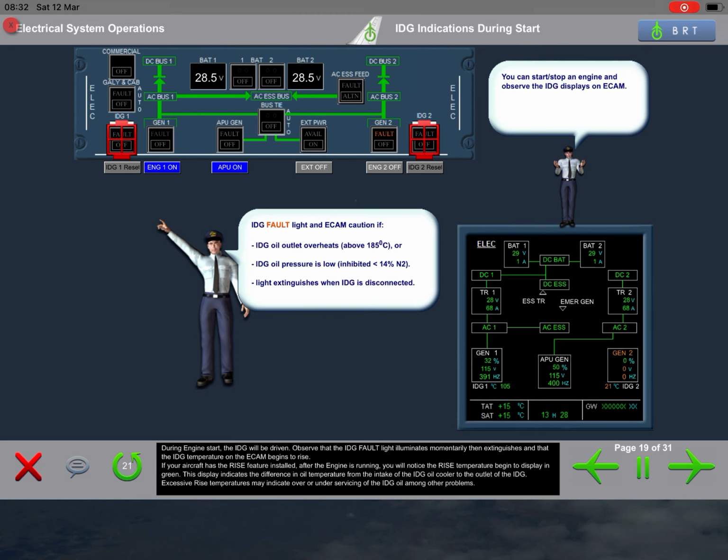If your aircraft has the rise feature installed, after the engine is running, you'll notice the rise temperature begin to display in green. This display indicates the difference in oil temperature from the intake of the IDG oil cooler to the outlet of the IDG. Excessive rise temperatures may indicate over or under servicing of the IDG oil, among other problems.